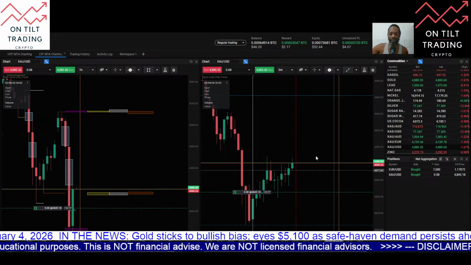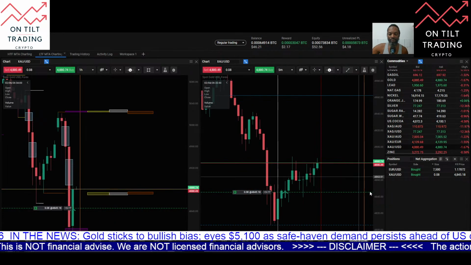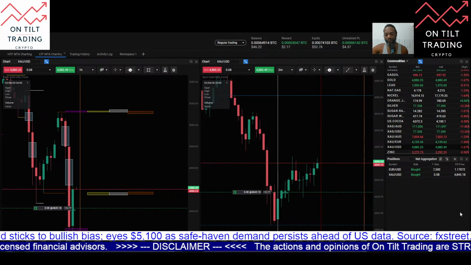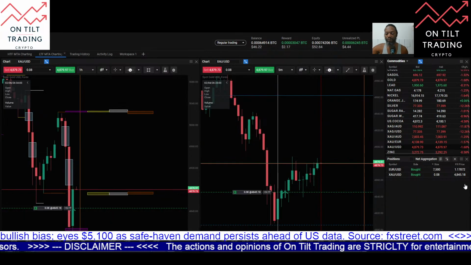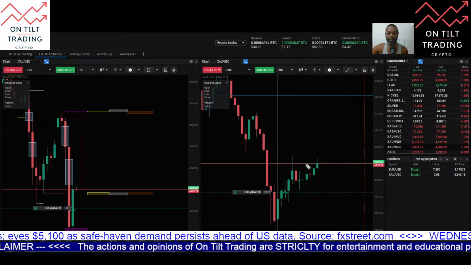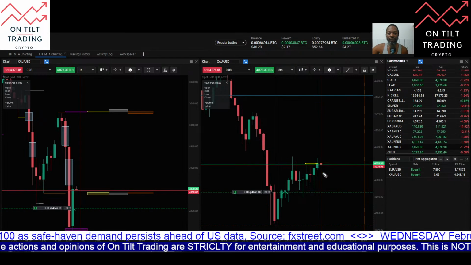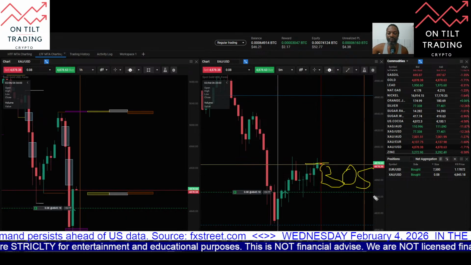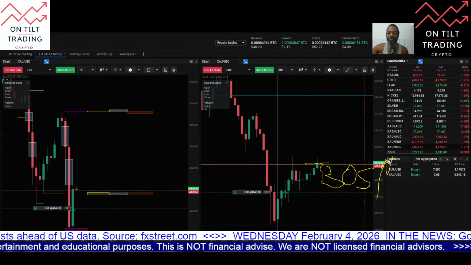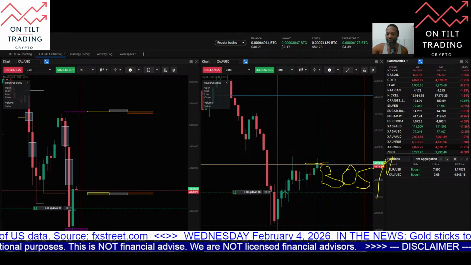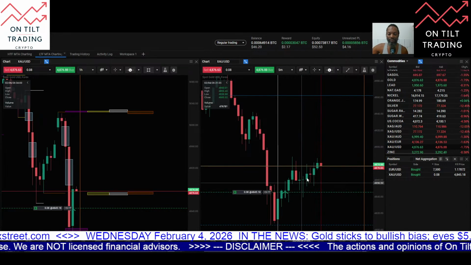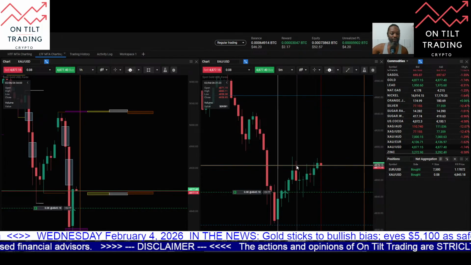So price really delivering to the sell side with speed. And we can see here gold has put in a body candle close break of structure here to the buy side. So the probabilities of continuation to the buy side would be higher than to the low side based on this price action here.